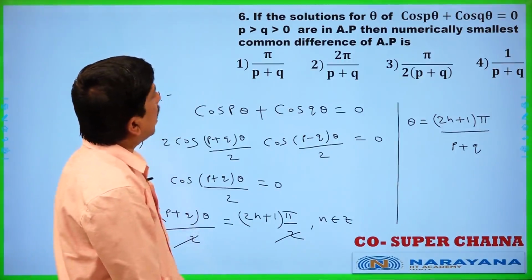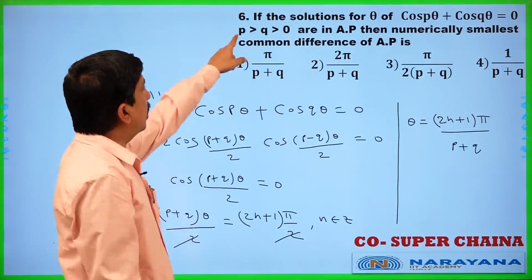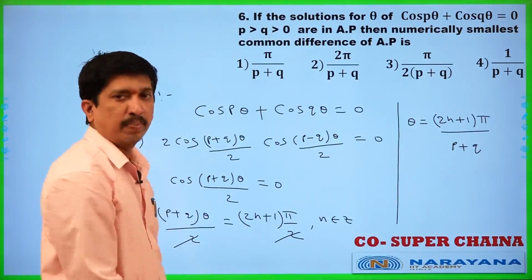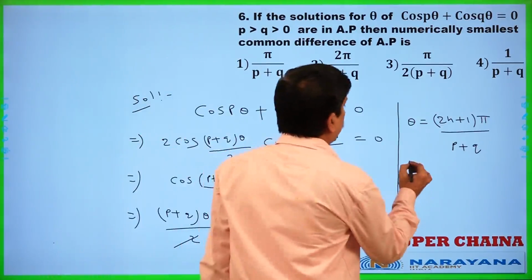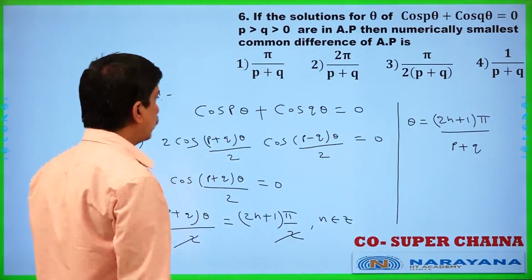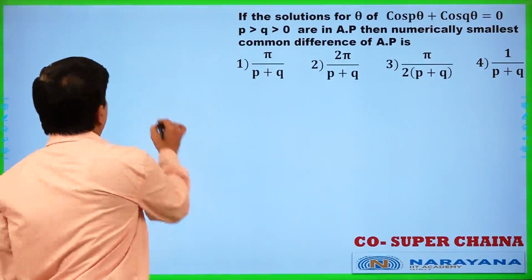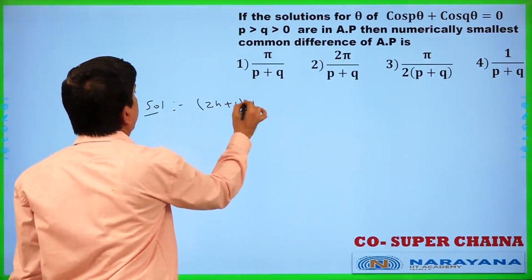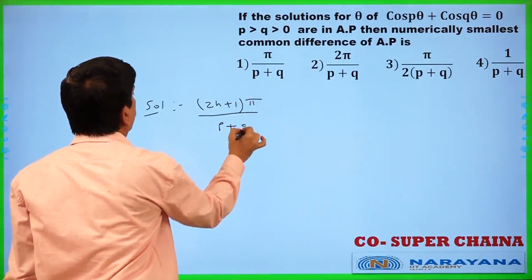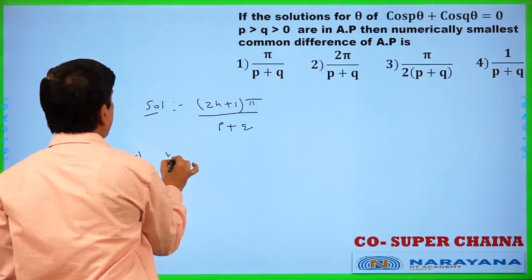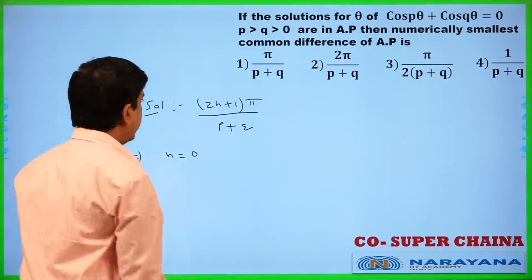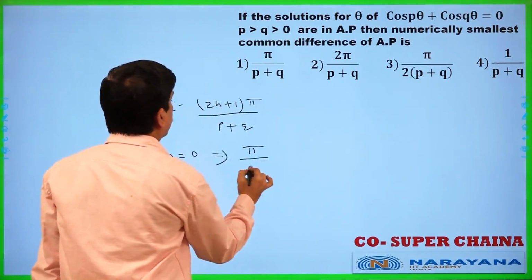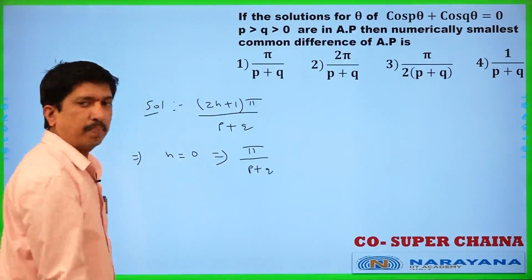Now, the smallest common difference is required. P and q are greater than 0, they are given: p is greater than q is greater than 0. Now, n equal to 0 I will put. (2n plus 1) into pi by (p plus q): if n equal to 0, you will get pi by (p plus q).